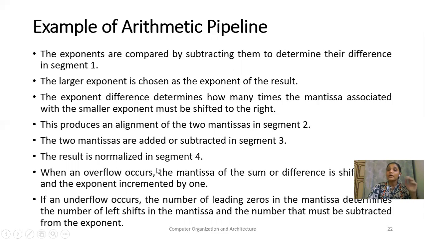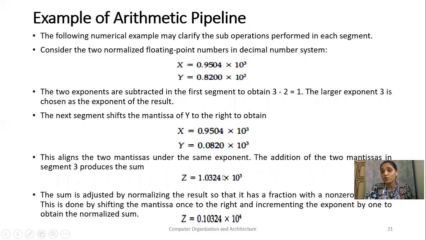We have used the addition operation here, so that's why overflow occurs. Our overflow condition is over here, that is, your result is like 1.0 something. If you do a subtraction operation, then there is a possibility of underflow. For example, your result is going to be like 0.01 something in Mantissa terms. To normalize that, you require your term to be in the form of 0.1 or 0.2 or 0.3 likewise.